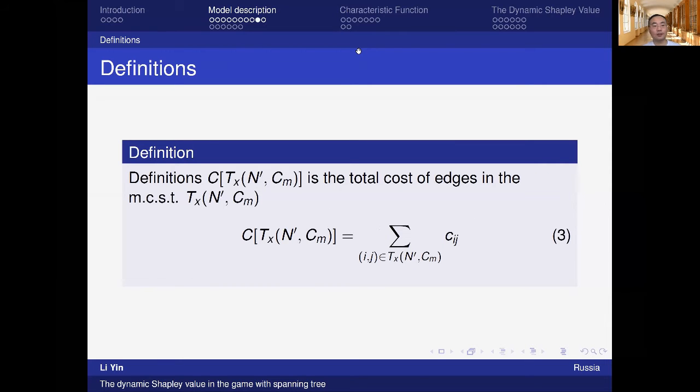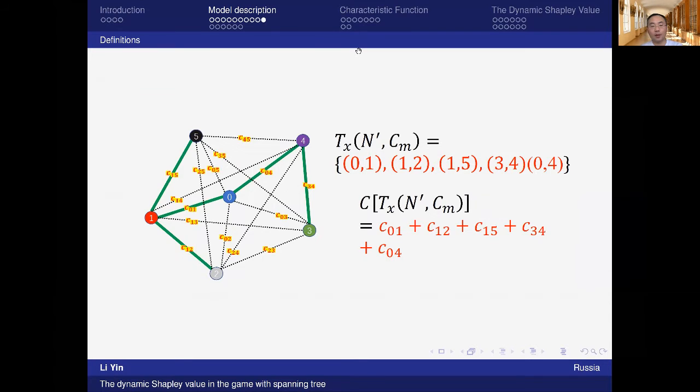This is the definition of the minimum cost spanning tree and its total cost. So like the previous example, we define a graph with cost matrix, and we can find a minimum cost spanning tree from it. The algorithm of minimum cost spanning tree is from graph theory.